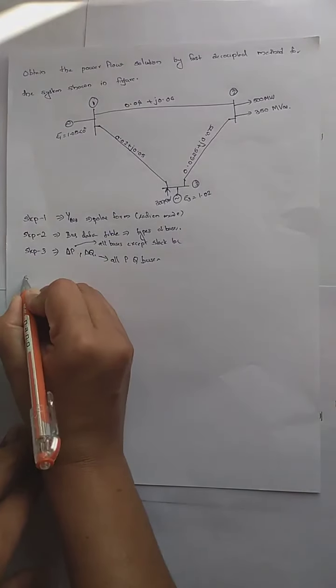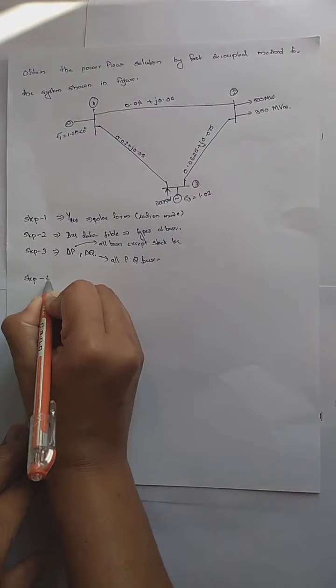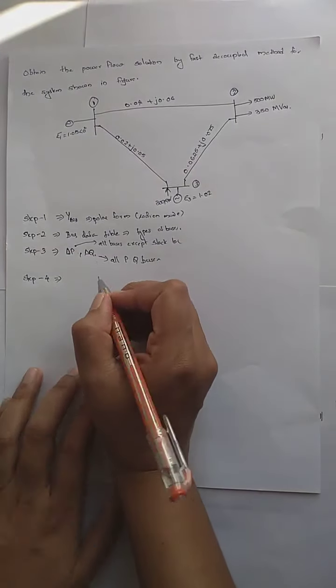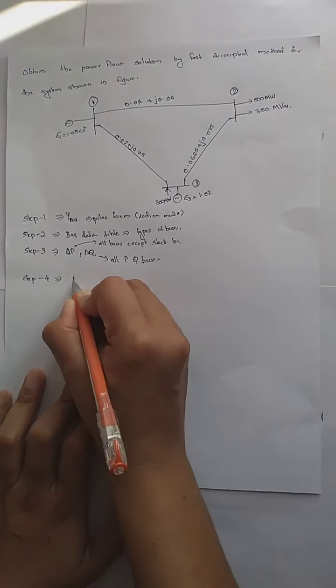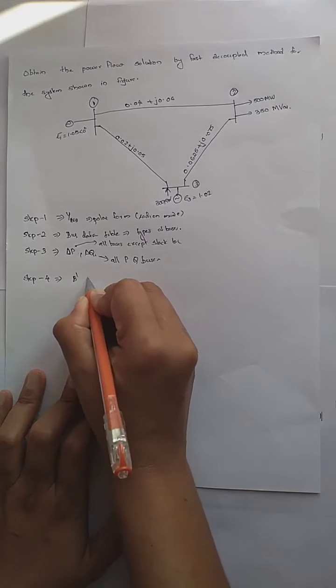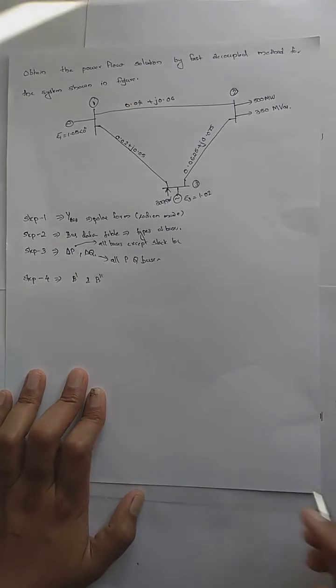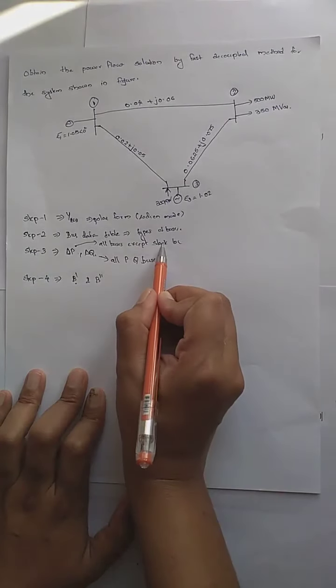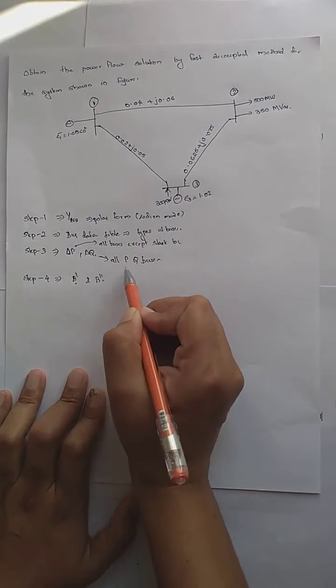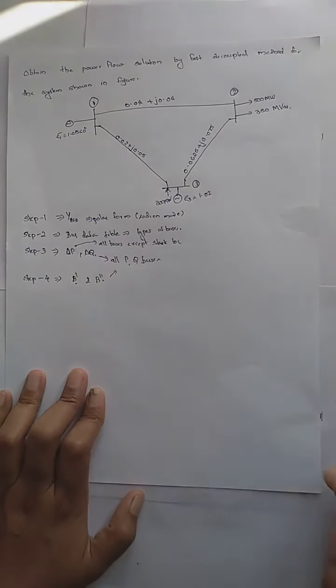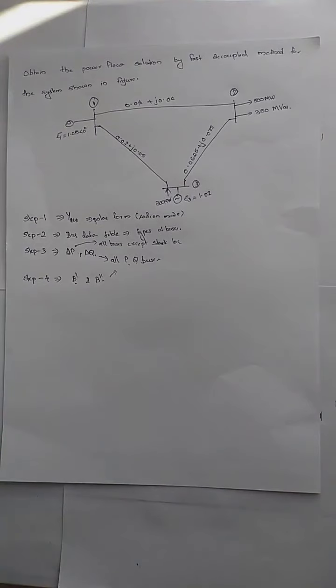In step 4, we find B dash and B double dash. B dash corresponds to delta P, and B double dash is the susceptance matrix of all the PQ buses.